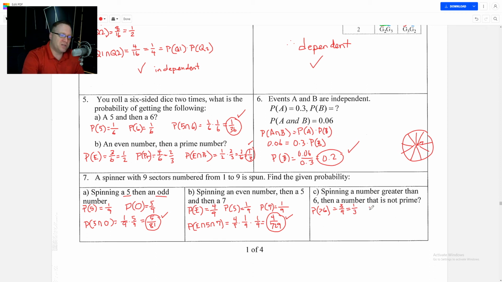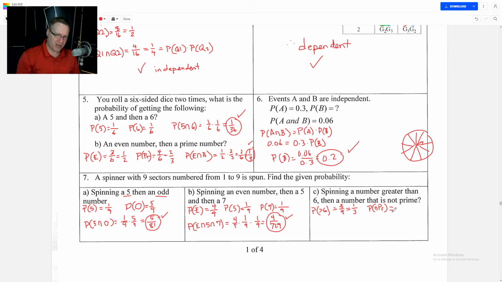And then we want to get a not a prime number. I'm just going to write little n and then PR for prime. So NPR means not prime, all right? So what's the probability of getting a not prime number?